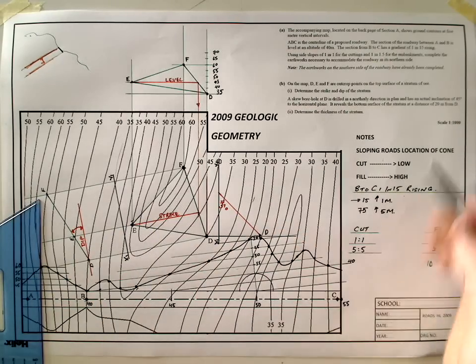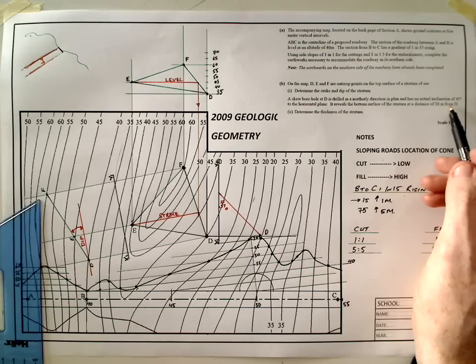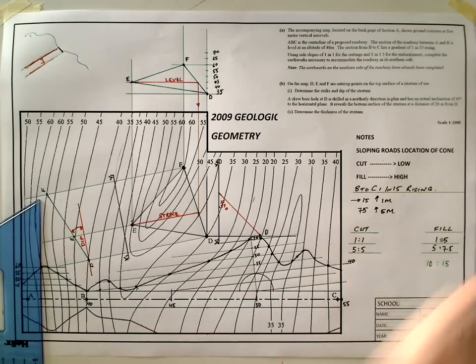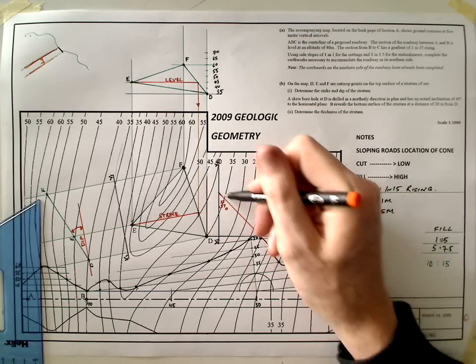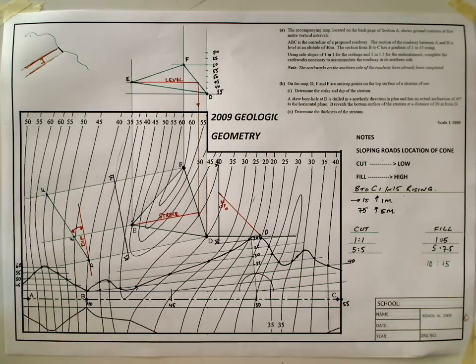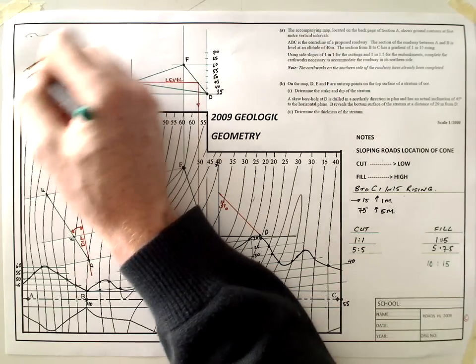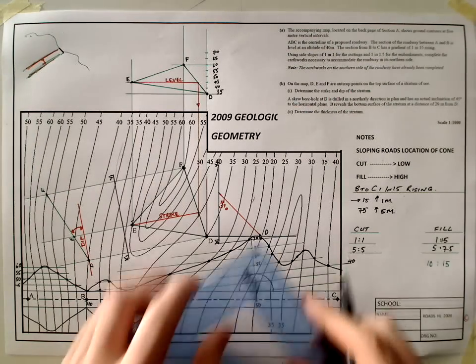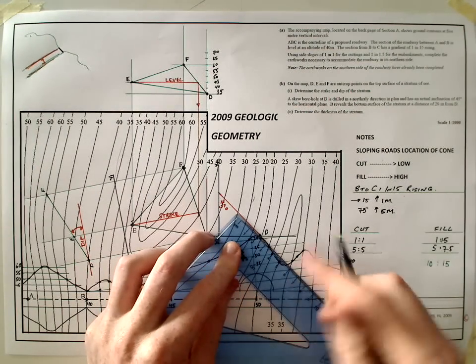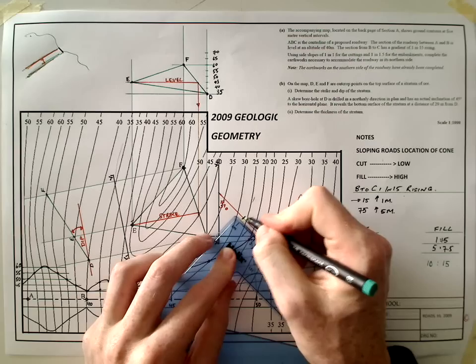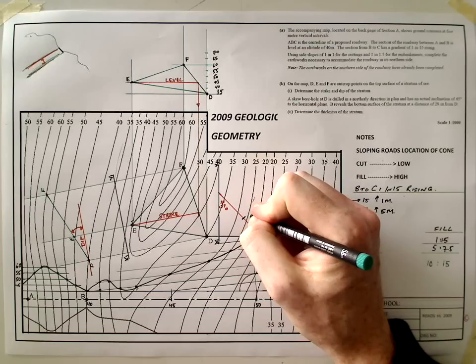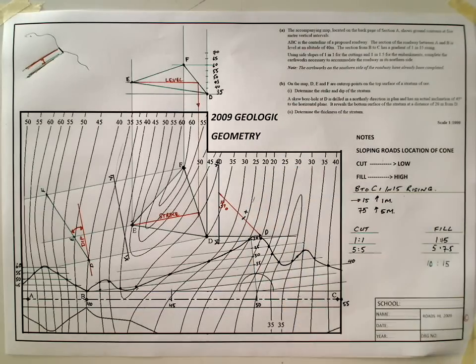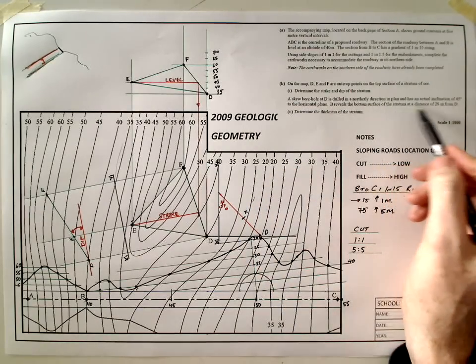It reveals the bottom surface of the stratum at a distance of 20 meters from D. So this here is my borehole being drilled in this direction. The bottom surface of the stratum, which is this bottom surface here, is going to be 20 meters away. So that there is 20 meters. That point there that I'm after, I'm going to call X. That there is a point on the bottom surface of the stratum.